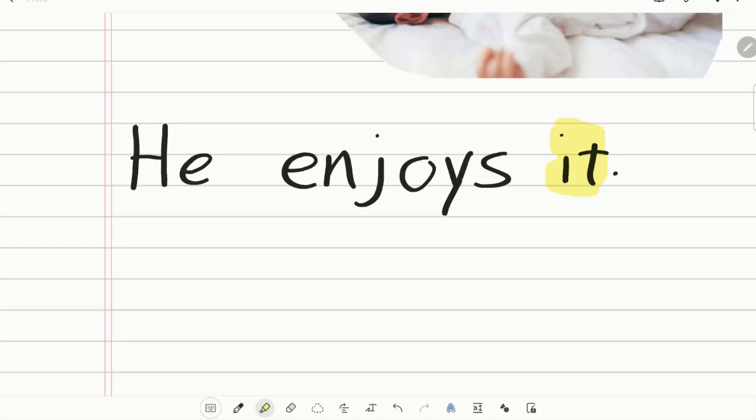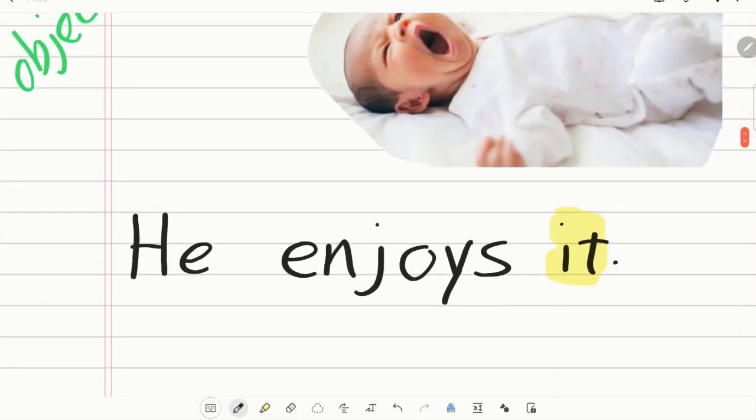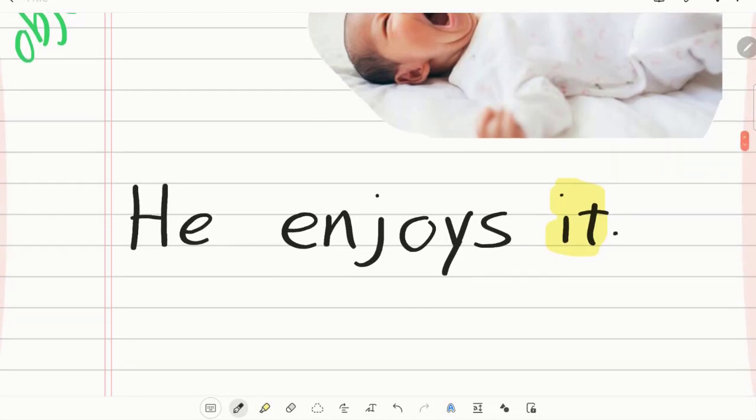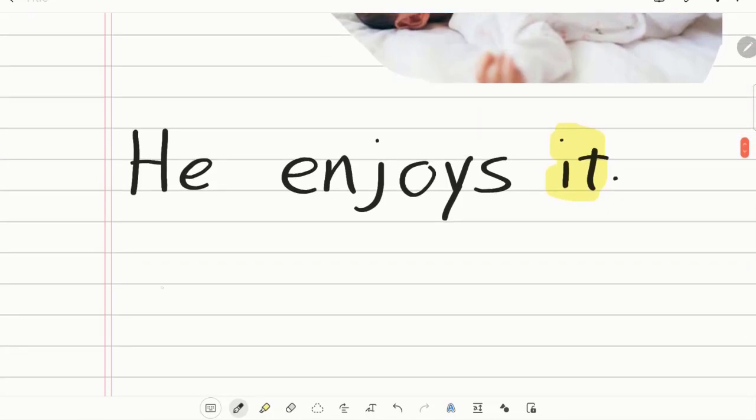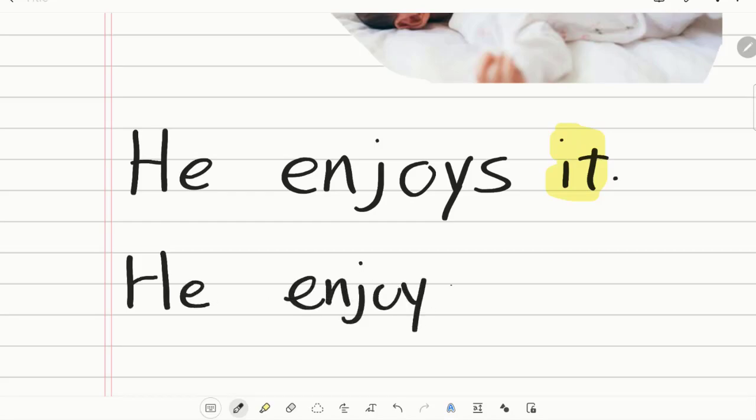He enjoys object. So, if I want to replace this it with a gerund, I can say that he enjoys sleeping.